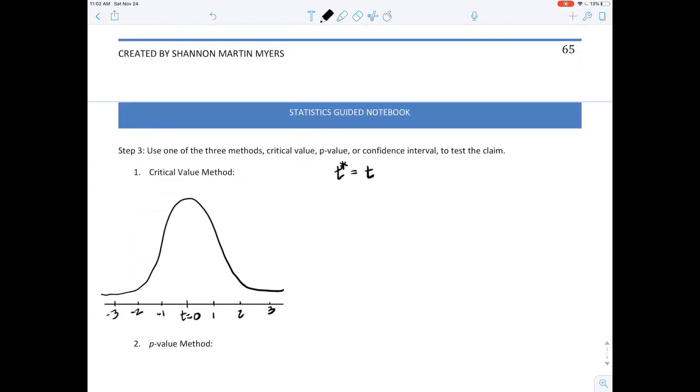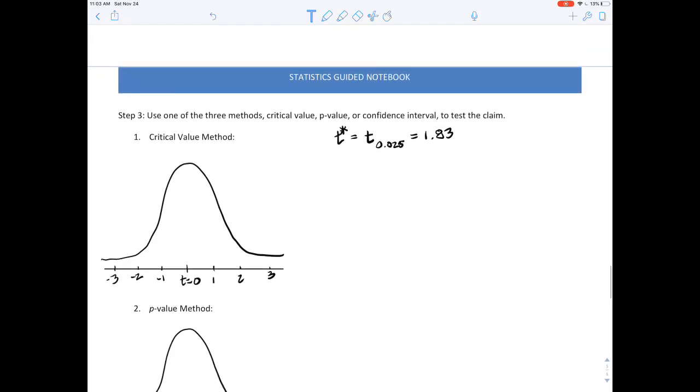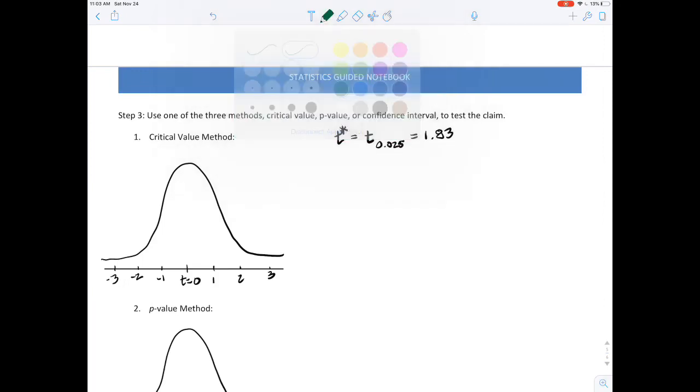So that was t of 0.025, which was 1.83. And so remember, with the critical value method, that's what you use to divide your intervals. Here we go. So the critical values are going to be the 1.83. So 1.83 will be about here.